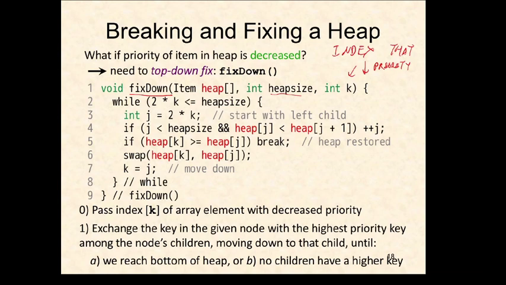Here we're saying while we're not at a leaf. Remember I said earlier there might be other equations that would tell us if we're a leaf or not. So here we're saying while we are not a leaf.